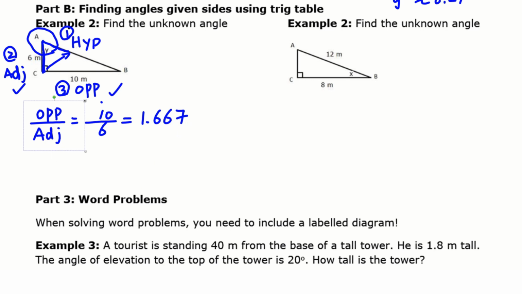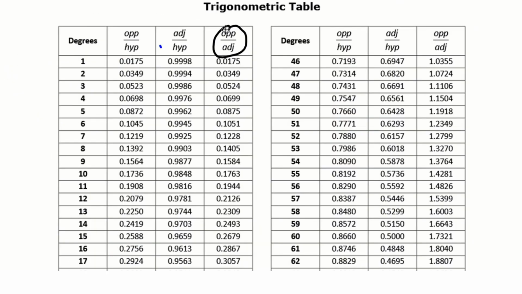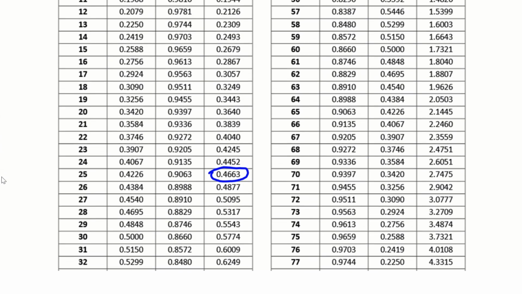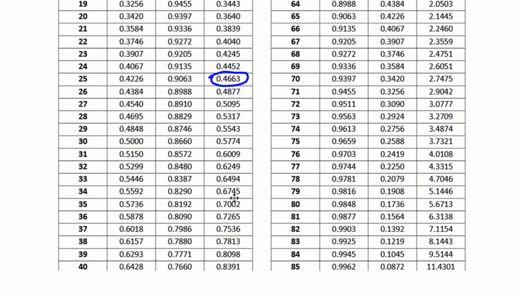Then we are going to look at the chart. So it's opposite over adjacent, and 1.667, sorry.